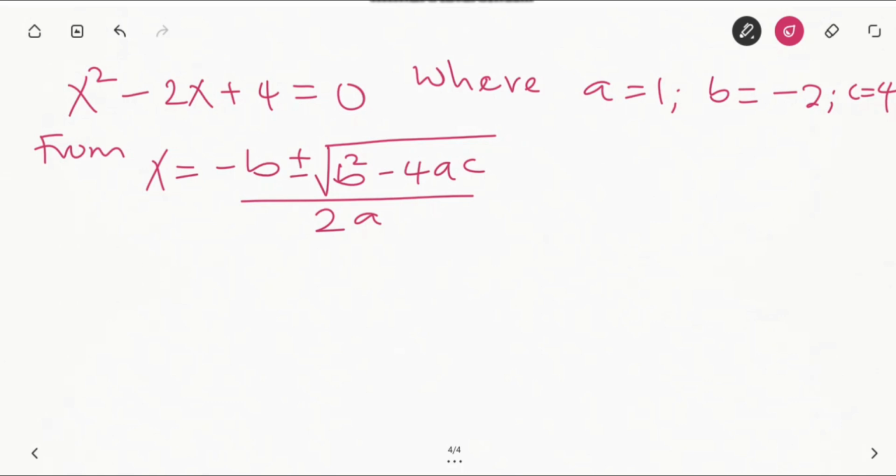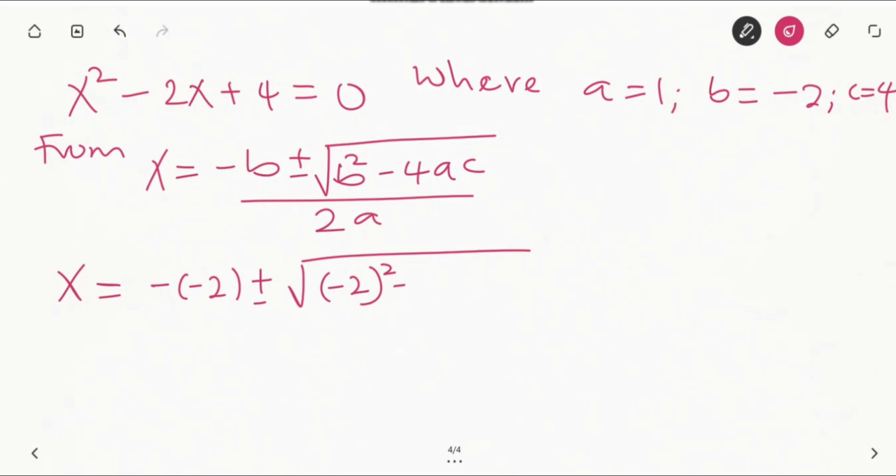Substituting, we have x equals minus (minus 2), positive or negative, root of (minus 2) squared minus 4 times 1 times 4, divided by 2 times 1.